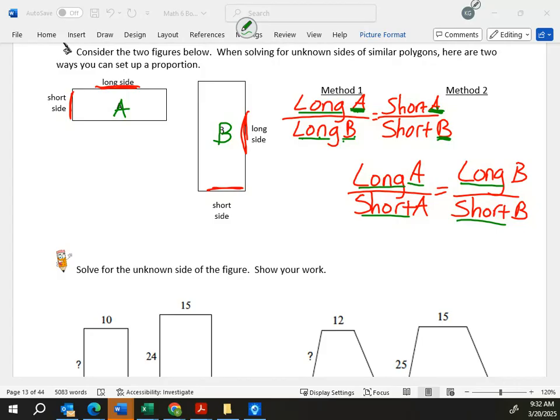This is a common mistake that students make, is they don't line them up correctly. You have to make sure there's no diagonals. If you look at their diagonals, they need to be all opposites. Long to short, A to B. Long to short, A to B. They have to be opposites diagonally.